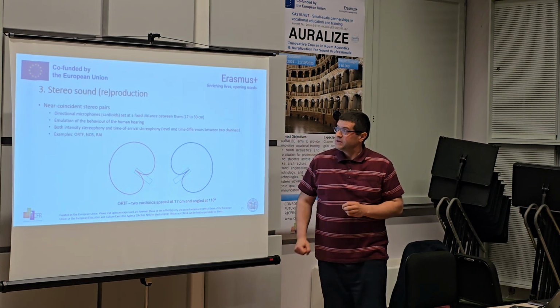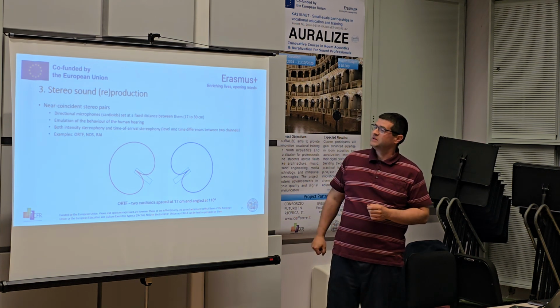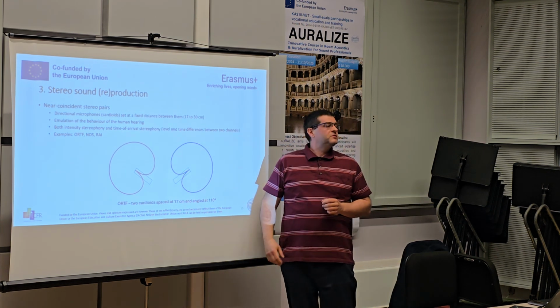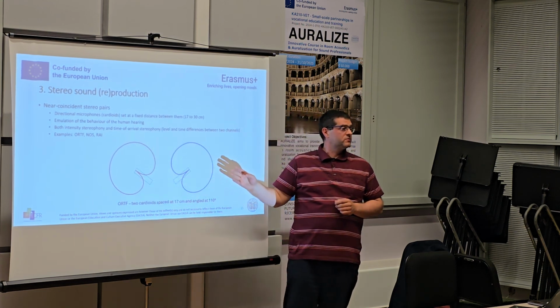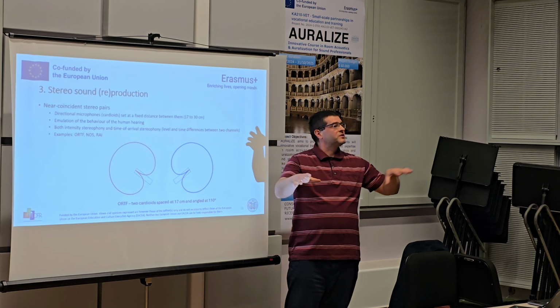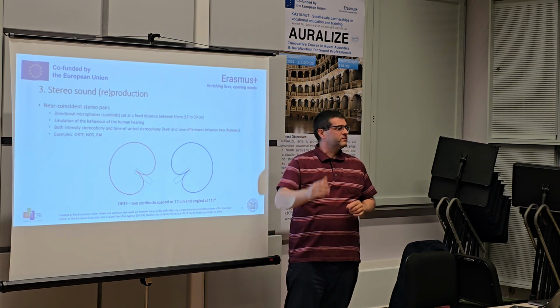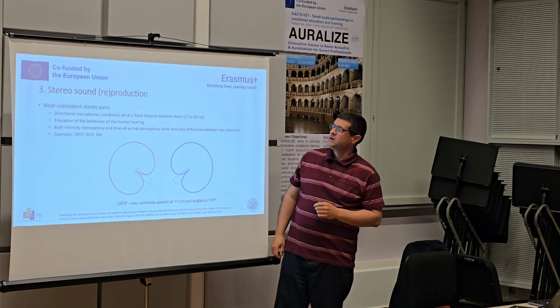A combination of these principles, I mean the techniques that use both of them, is the so-called near coincident stereo pair. So you see we have two directional microphones, so we obviously are counting on capturing some level difference from a source that's somewhere there, not necessarily in front of you.